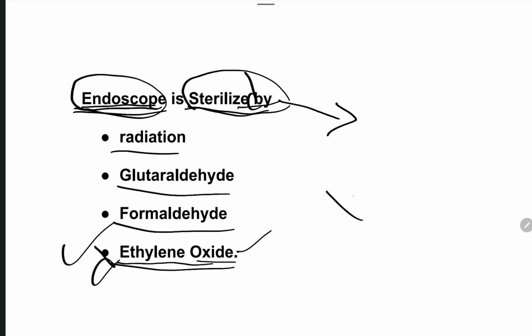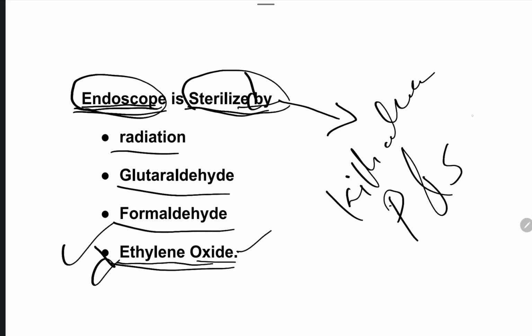The right method is option D. Ethylene oxide we can use to sterilize the endoscope. Sterilization is nothing but killing of all the pathogens, spores, eggs, or particles related to the pathogens. That is sterilization. So endoscope we can sterilize using ethylene oxide.